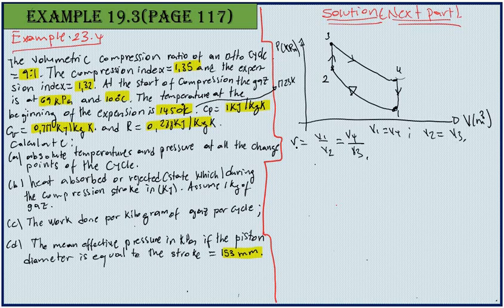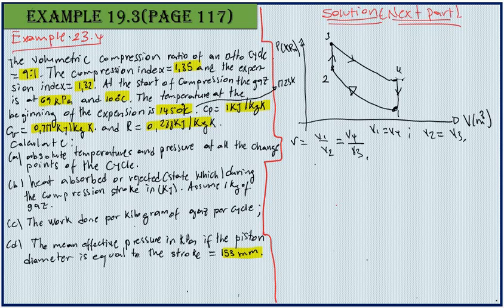We know that the volumetric ratio is given by V1 over V2, but since V1 is the same as V4 and V2 is the same as V3, this relation can also be written as V4 divided by V3.